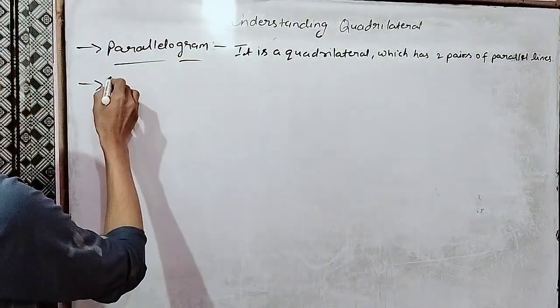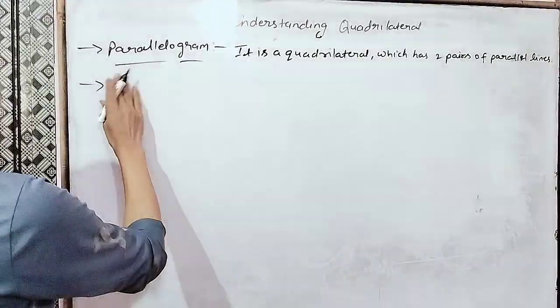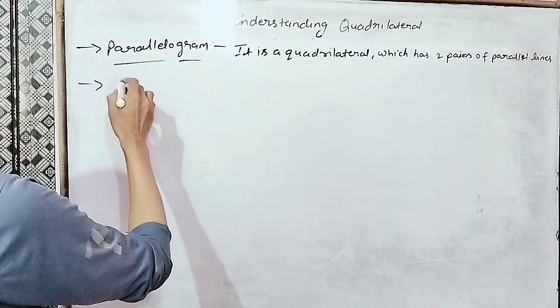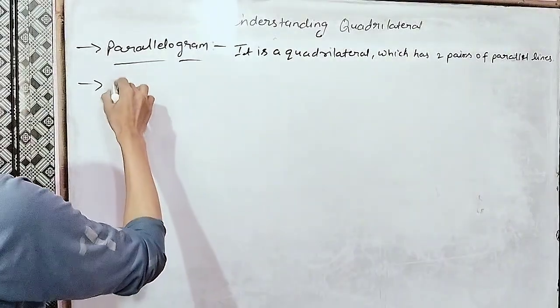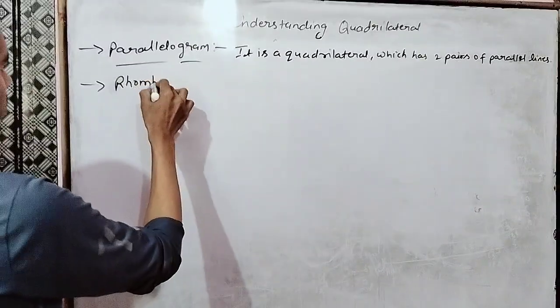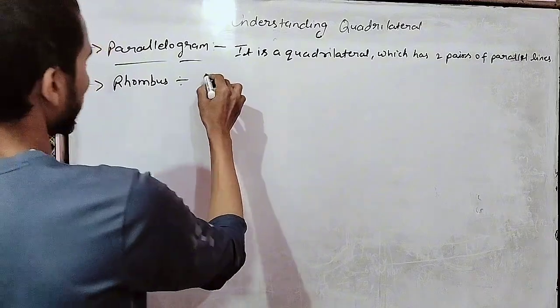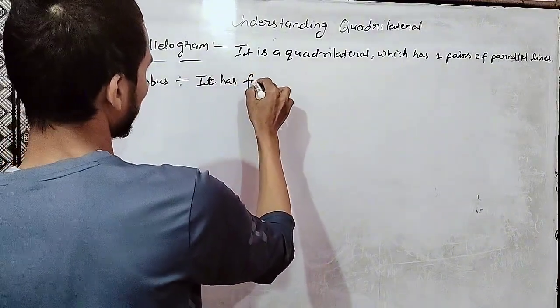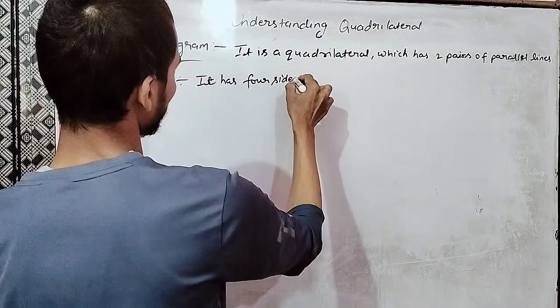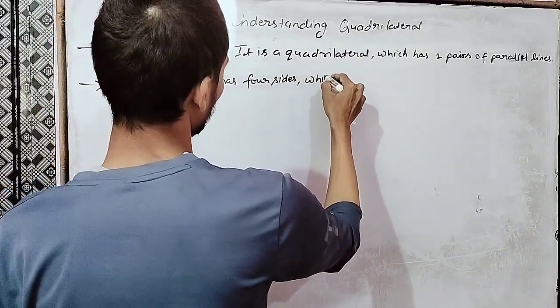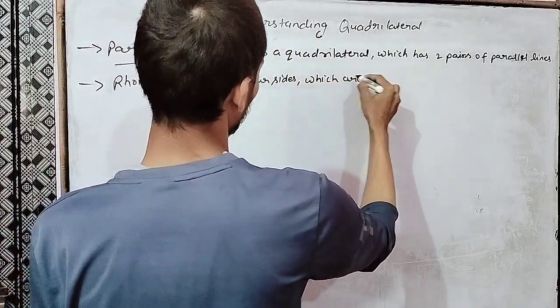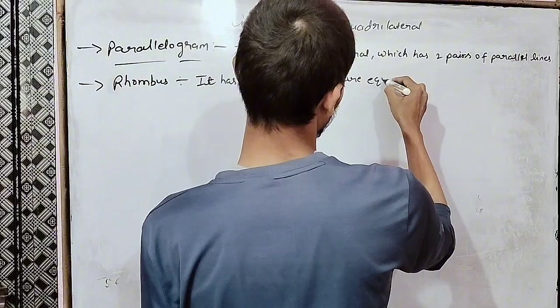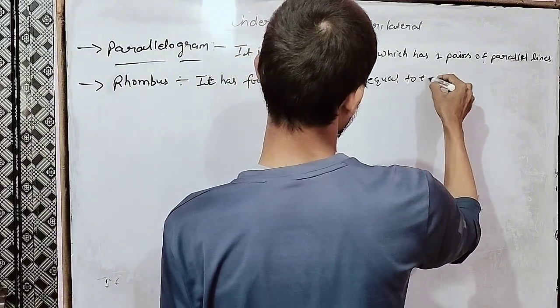What next? Rhombus. A rhombus has four sides which are equal to each other.